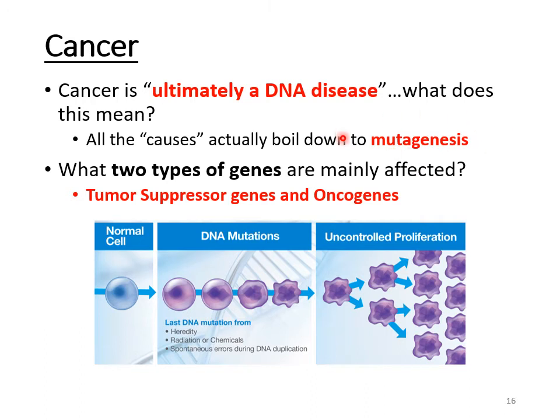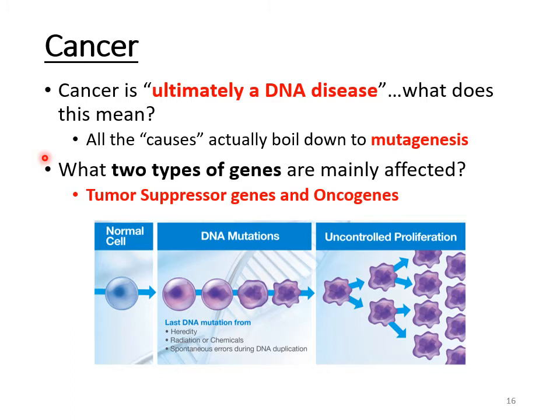So cancer is ultimately a DNA disease, meaning that the true cause is that all of those bad things that you hear about can trigger mutations in the DNA of cells that then cause problems for these 2 types of genes, tumor suppressor genes and oncogenes, and then that leads to uncontrolled cell growth and uncontrolled cell division.